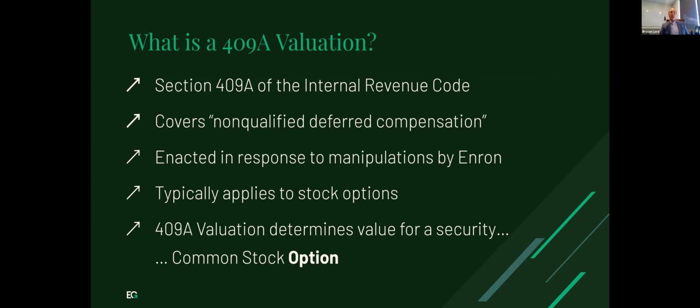And so 409A is a section of the tax code in the United States that governs non-qualified deferred compensation. And this section is large. But for most of us in this webinar, when we hear 409A valuations, we think stock option plans, compensation plans like stock option NSOs, and that's really where we're going with this.